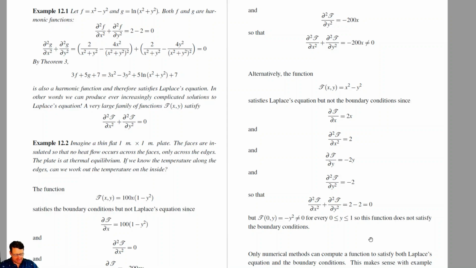So that's why this is a difficult problem analytically. So what we do instead is we use numerical methods to solve this problem. Basically only numerical methods can compute a function to satisfy both Laplace's equation and the boundary conditions.